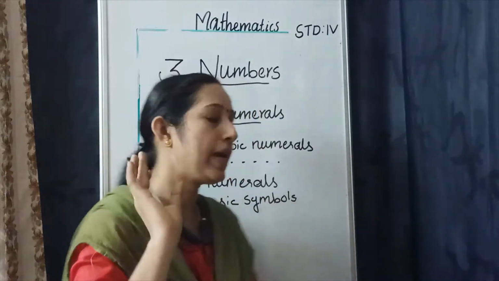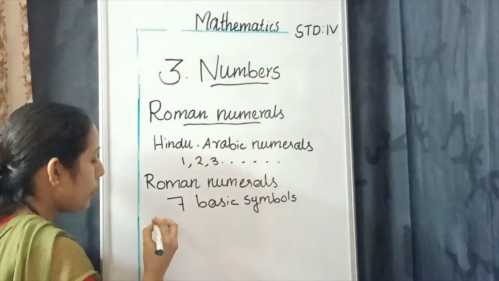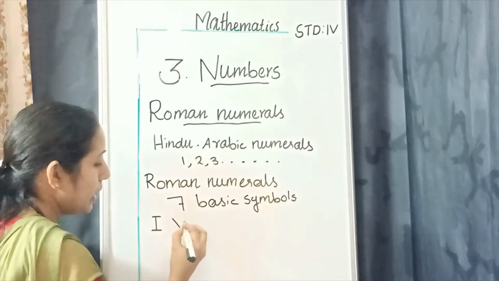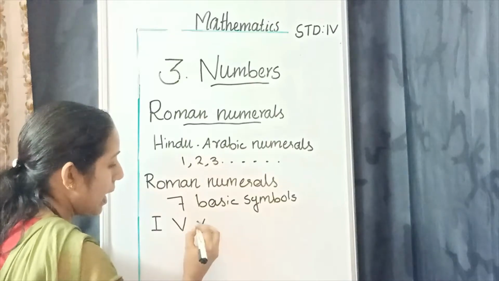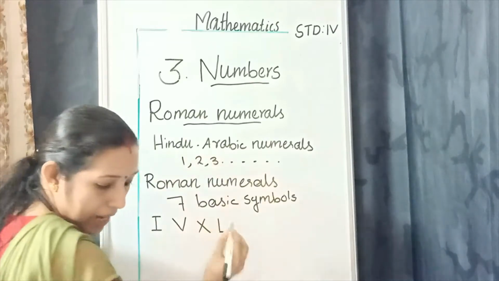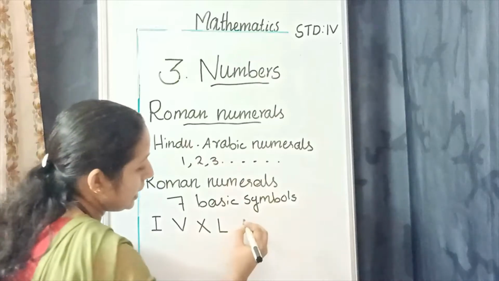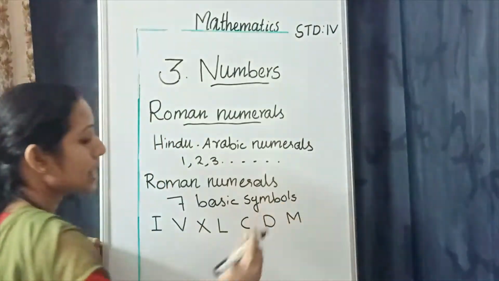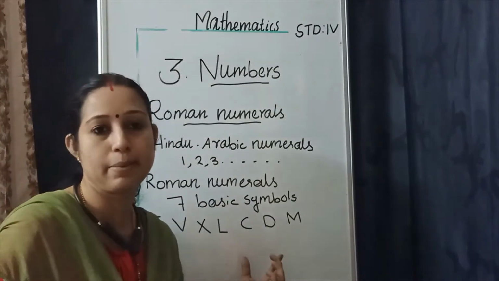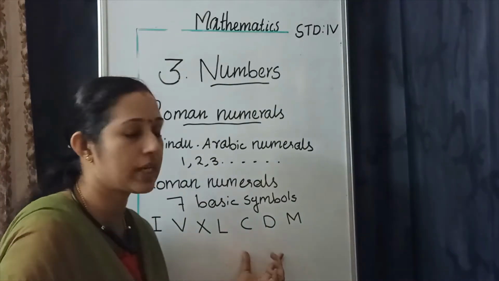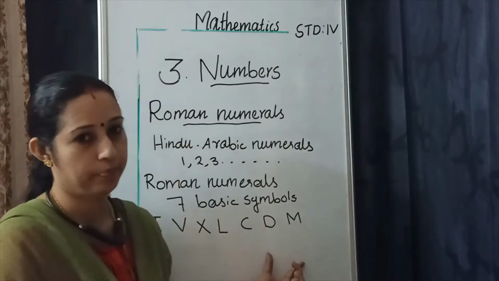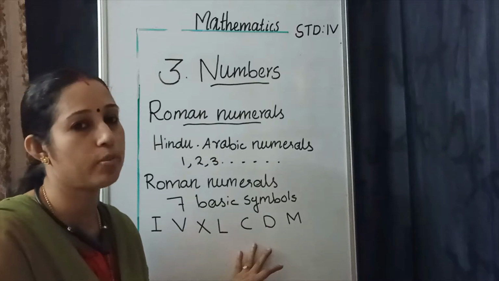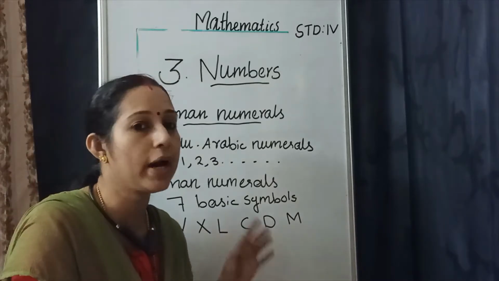So the 7 basic symbols that the Romans used are I, V, X, then L, C, D and M. This system of 7 basic symbols is called Roman numerals.